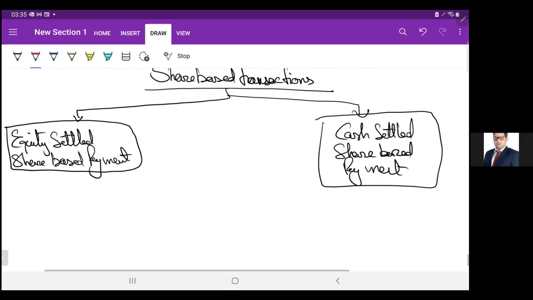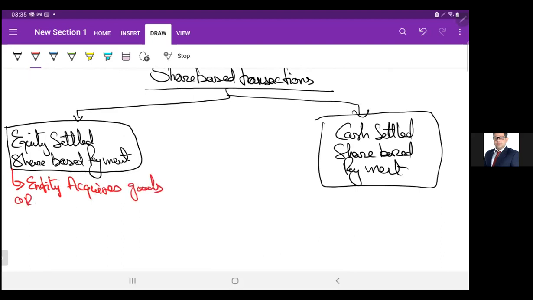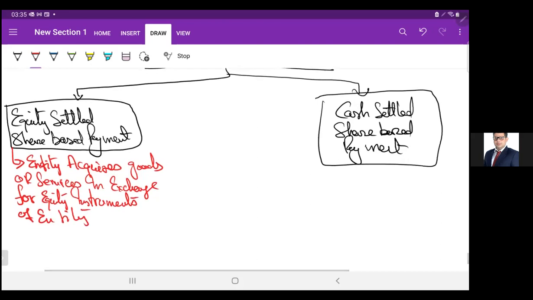Equity settled share-based payment: an entity acquires goods or services in exchange for equity instruments of the entity, for example, shares or share options.